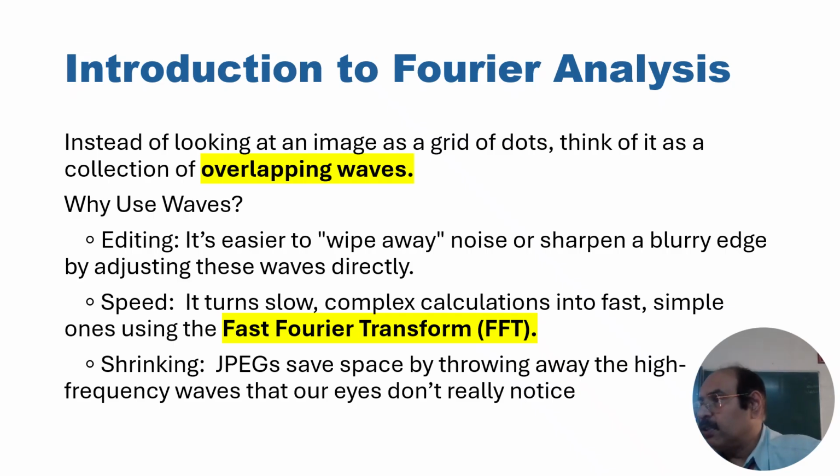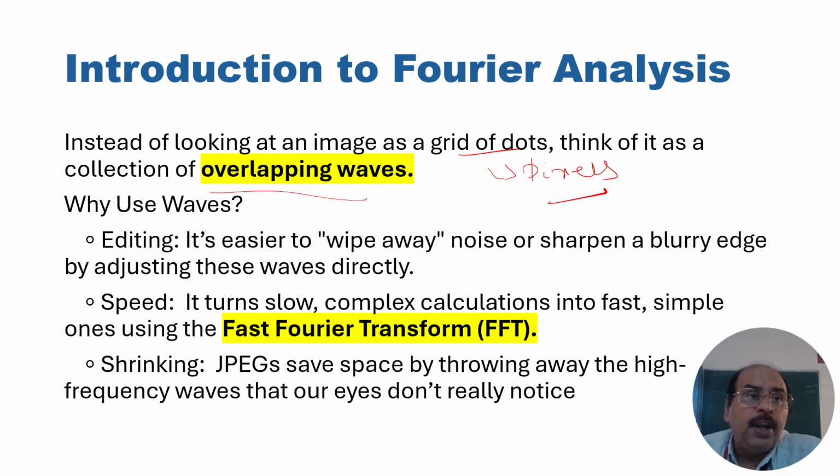So the basics of Fourier analysis in images is that instead of looking at an image as a grid of dots or pixels, we are considering it to be overlapping waves.